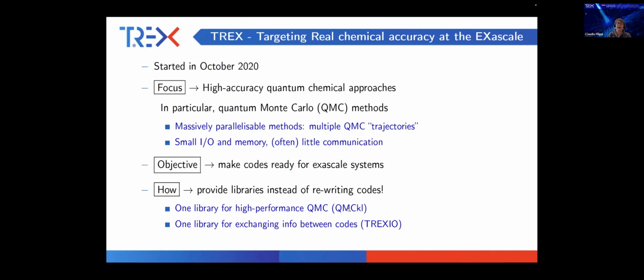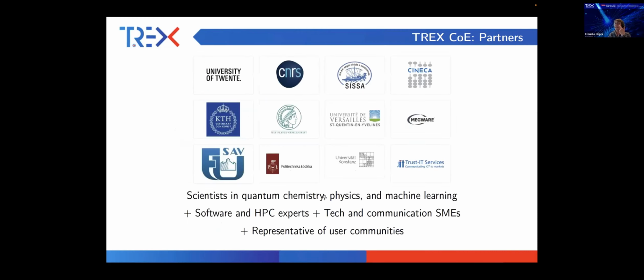It's called QMCkl. Evgeny will present it later. And a second library which will exchange wave function information between the codes, and that's called TREX-IO. Now here is a snapshot of the partners. We are scientists from chemistry, physics, and some machine learning experts.